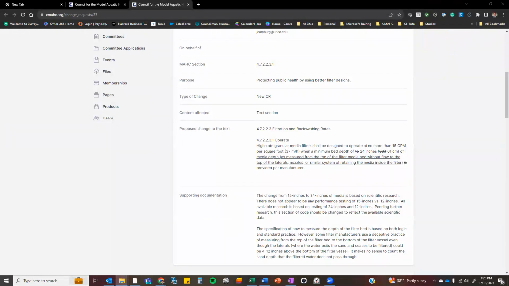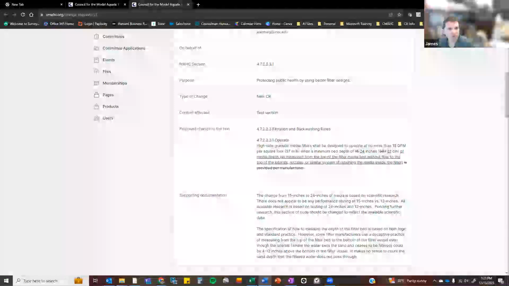Yeah, it looks like at this time the filter depth might be just left up to the manufacturer. Yeah, that's what we've always done. But what you do when you do that is you create a situation where, if you were adding coagulants and slowing down filters, they still don't have enough media to work.